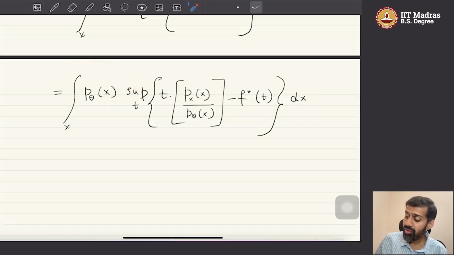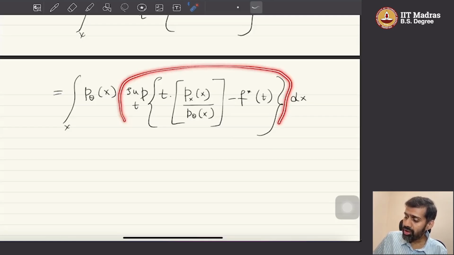Why is that? Note that this optimization problem is over t. However, the function that we are optimizing has x in it, and the integral is with respect to x. So I just cannot bring the supremum outside the integral, because the supremum that I am computing involves x.